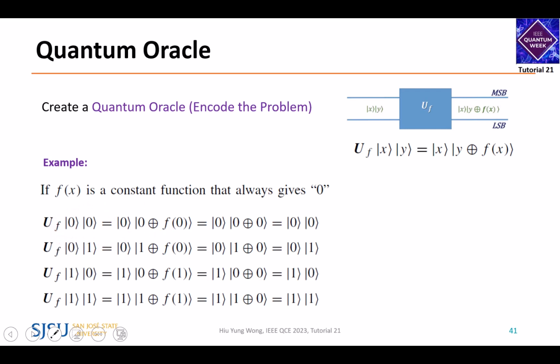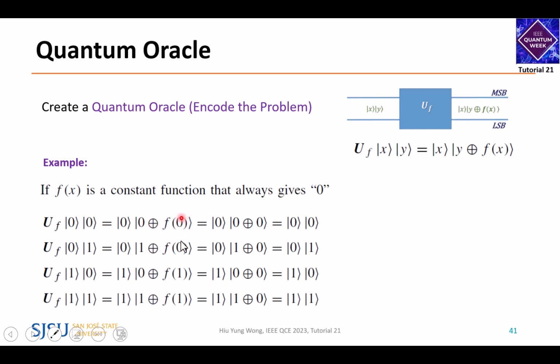For example, a very simple example, right? This is like a fake example where you already know the answer, and then you create the oracle. If I apply 0, 0, based on the equation here, it's going to keep the first qubit unchanged, still 0. The second qubit is 0 exclusive or f of 0. Right?